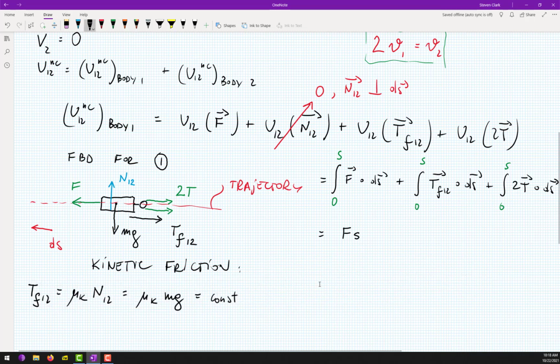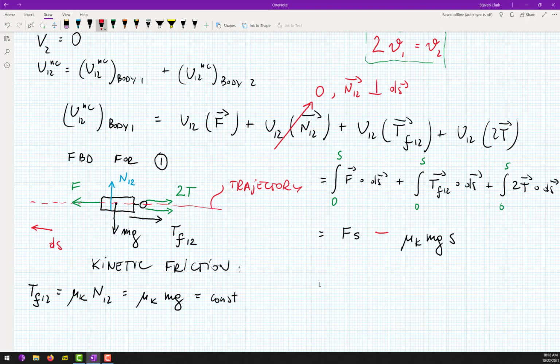So the second integral will be again mu k mg S, and I made a mistake because it's not going to be plus, it's going to be minus. And how about 2T? T is also constant.